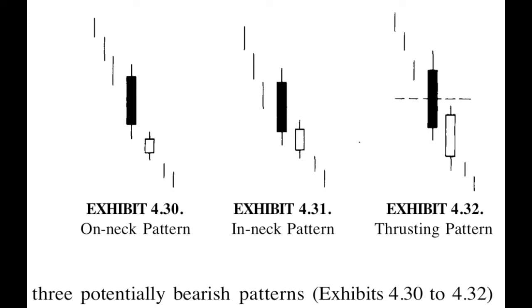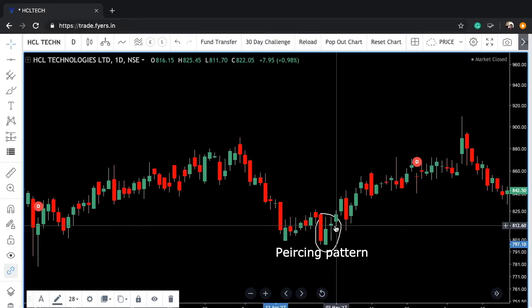On the neck is a small green candle which appears after a big red candle with a gap down, but it comes very close to the body of the previous red candle. In the neck is maybe covering about 10 to 15% of the previous red candle, and the thrusting pattern is one that does not beat the 50%. These are potential bearish patterns.